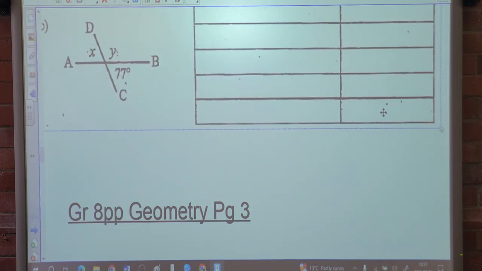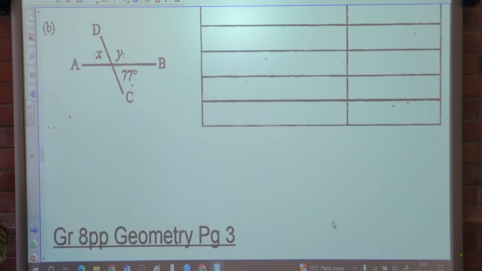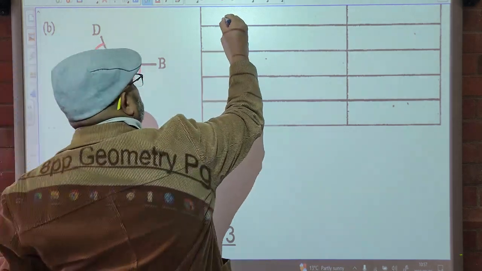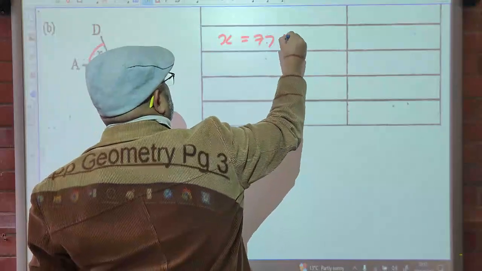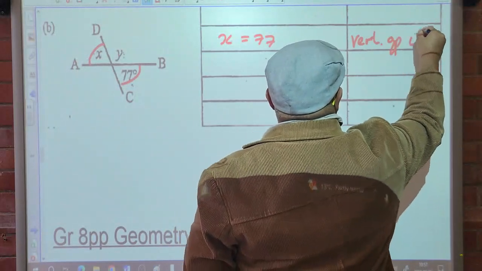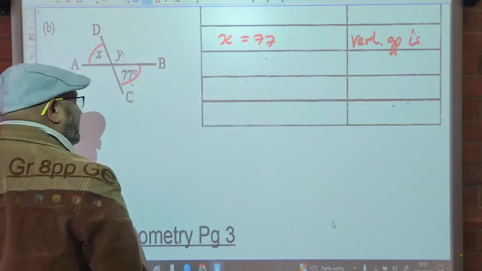Right, let's look at B. We got x, 77, y. What can be calculated first? x. x is vertically opposite, so x is equal to 77. Vertically opposite angle. How do you calculate y?